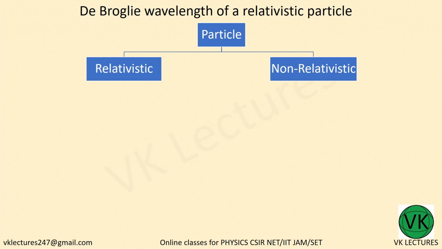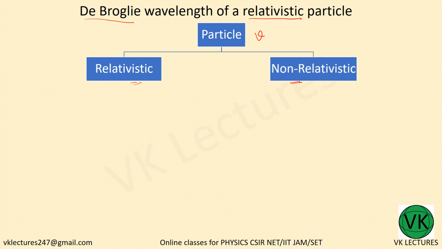De Broglie wavelength of a relativistic particle. Before understanding this, we will first understand what a relativistic particle is. A particle moving with some velocity v can be considered either a relativistic or a non-relativistic particle. How do we divide them?